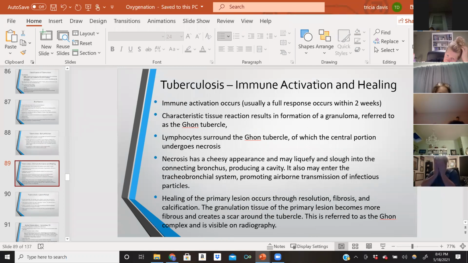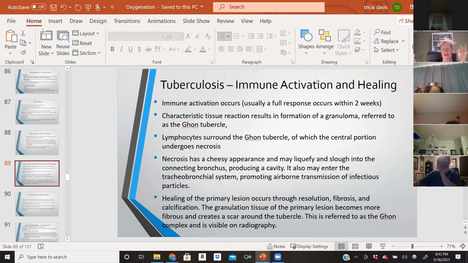Immune activation usually occurs with a full response within 2 weeks. Characteristic tissue reaction comes in the formation of a granuloma, which is referred to as a Ghon tubercle. Lymphocytes are going to surround that Ghon tubercle, the central portion of which is going to undergo a necrosis period. It's going to become necrotic.